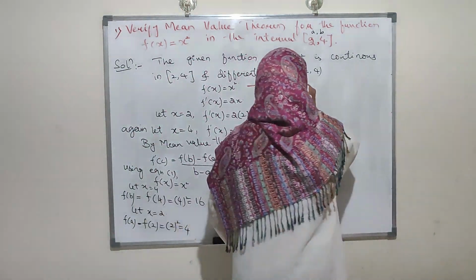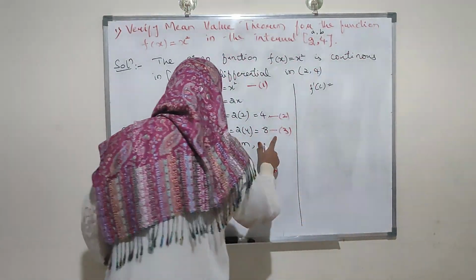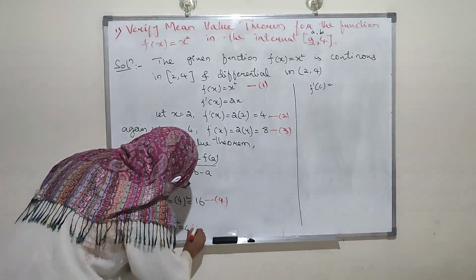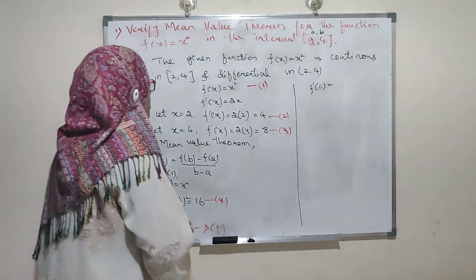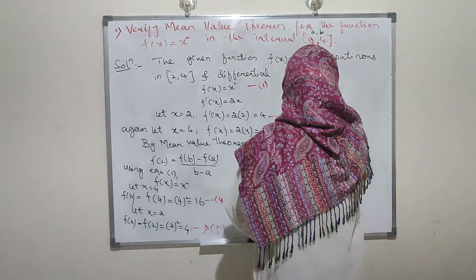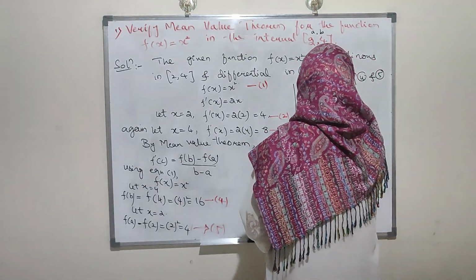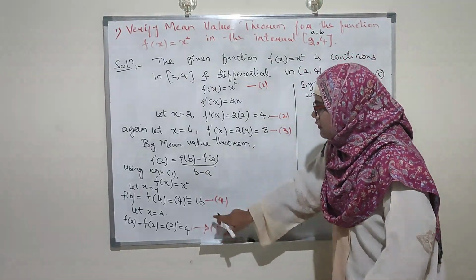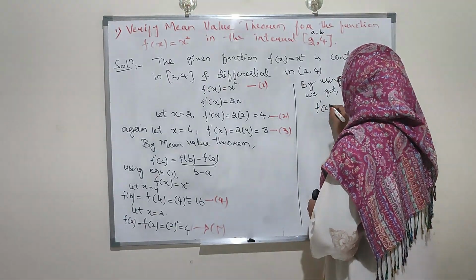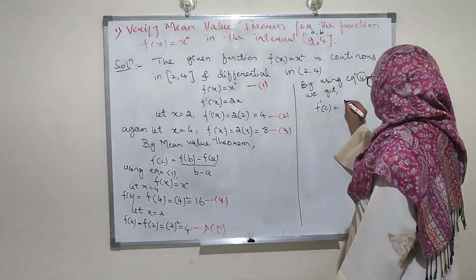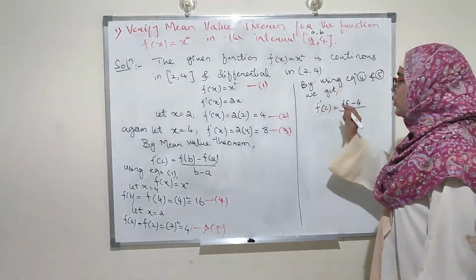Substituting these values in the formula, by using equation 4 and 5, we substitute f of b and f of a. We get f dash of c equal to f of b, 16, minus f of a, 4, whole divided by b minus a. b is 4, a is 2.